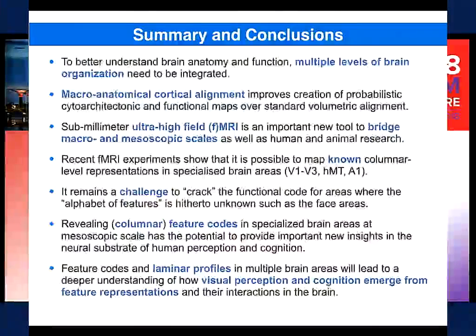With that, I want to finish up and just summarize my presentation. You have seen in the first part that we need to relate different levels of the brain, and that this macro-anatomical cortical alignment seems to be useful because it improves the correspondence between subjects, whether these are cytoarchitectonic areas or functionally probed areas.